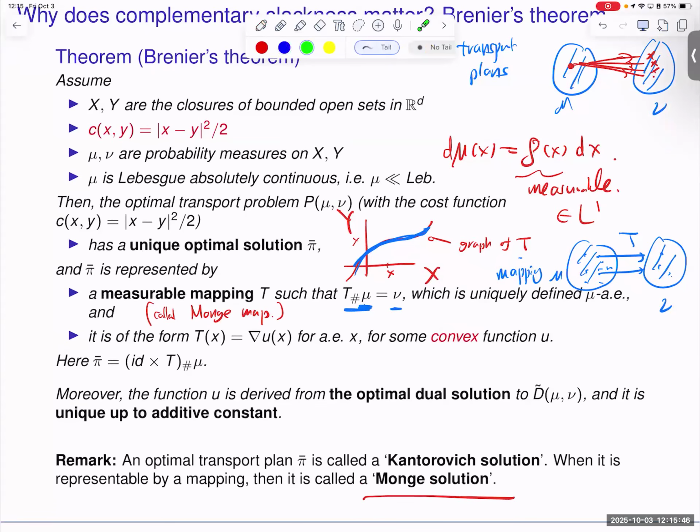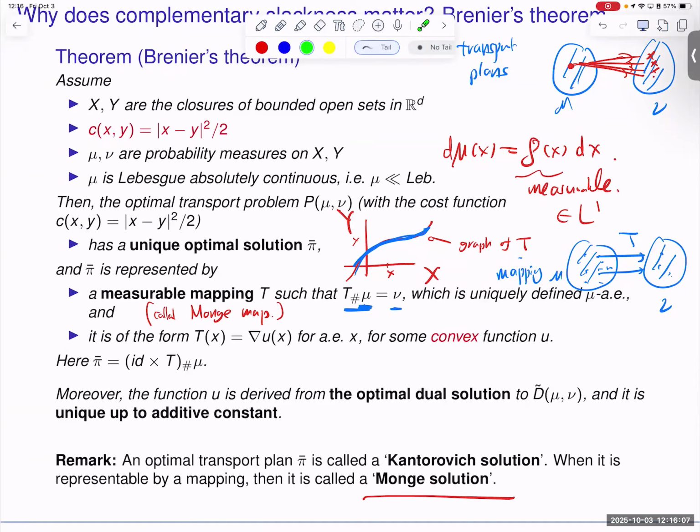And not only that, even further, it's already remarkable that the optimal transport is given by a mapping. I don't think you can easily do it another way. It's a very non-trivial result.